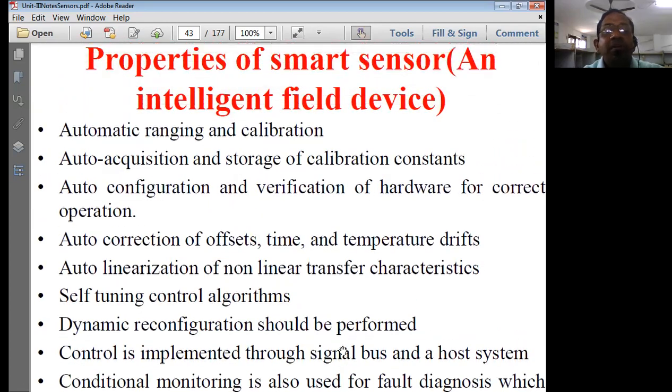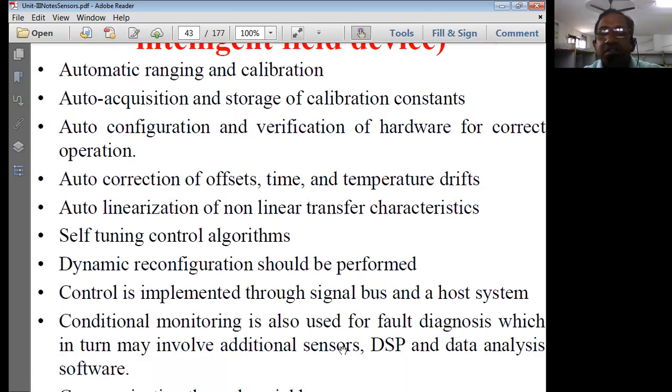Then what are the properties of a smart sensor that we can have? A smart sensor is an intelligent field device. We already know that. So it has to sense the signals on the field. Take POS machines.